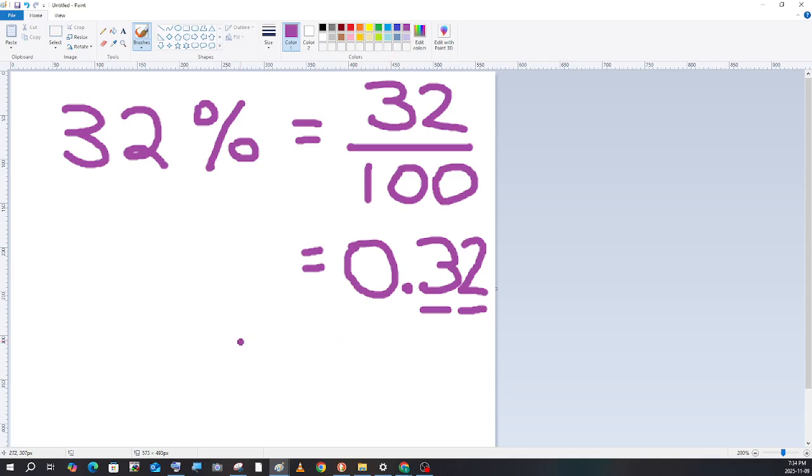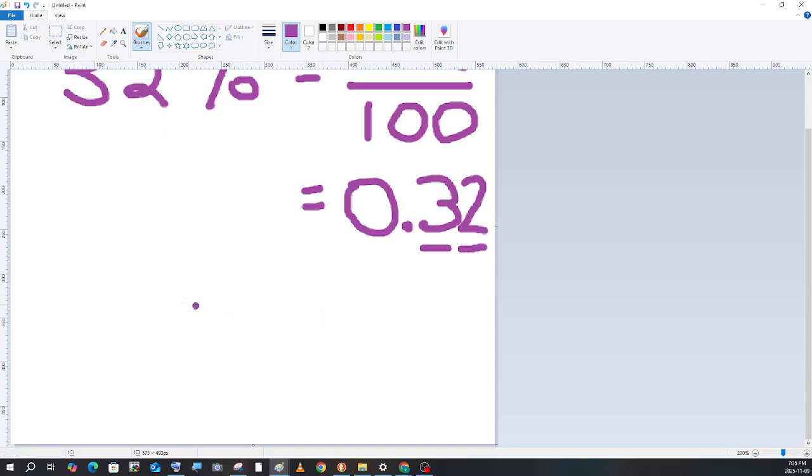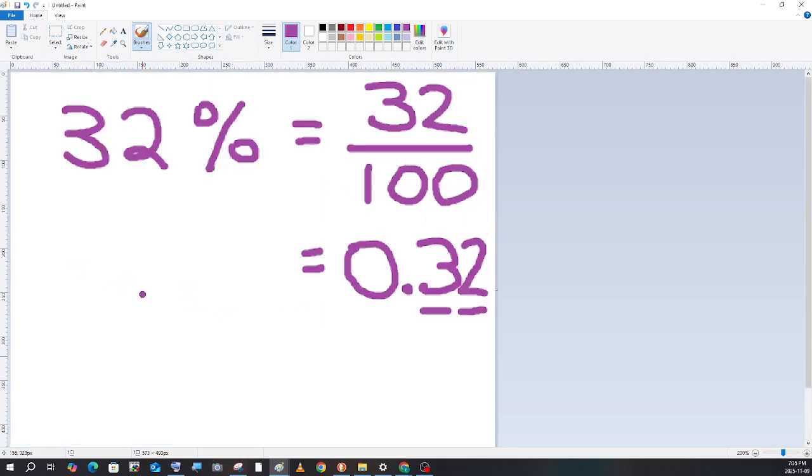Now if you're very astute at seeing patterns, you may have noticed that there's a little trick you can do that's really easy that will convert a percentage to a decimal. Going back to our 32% example, I just pretend 32 is a whole number. If 32 were a whole number, the decimal would go right after the 2.